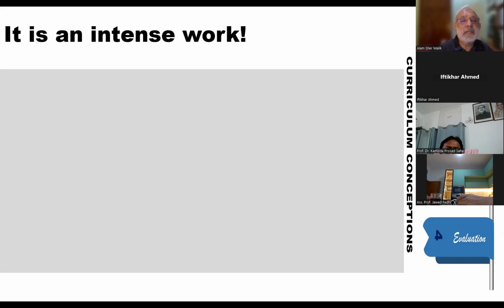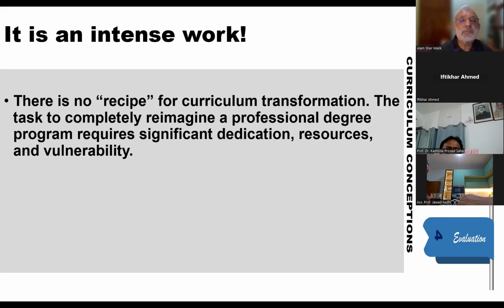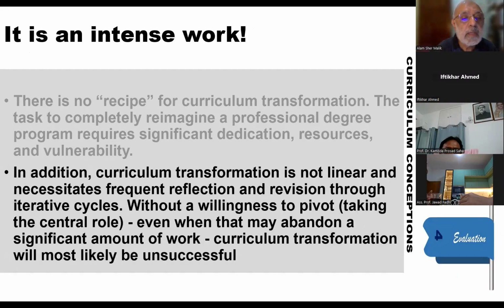So finally, it is an intense work. There is no recipe for curriculum transformation. The task to completely reimagine a professional degree program requires significant dedication, resources, and vulnerability. In addition, curriculum transformation is not linear. Of course, it's not a straightforward thing.